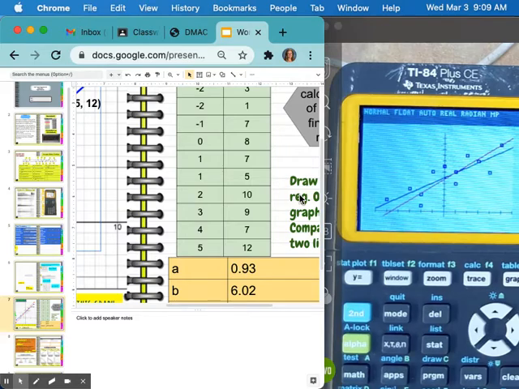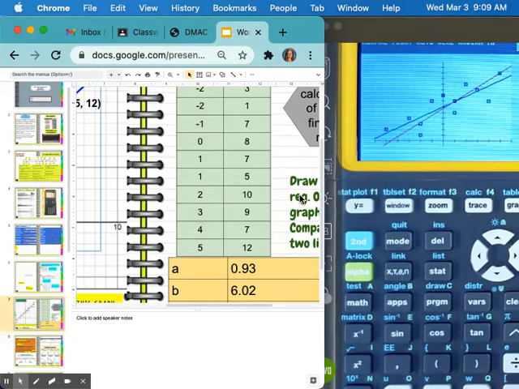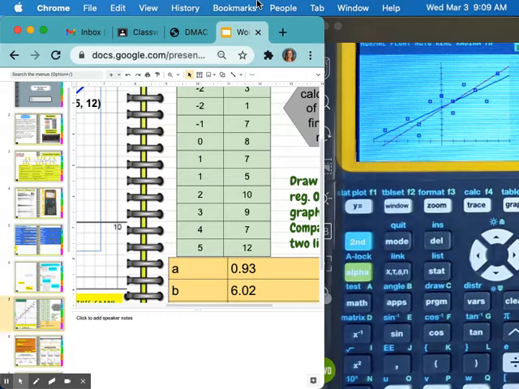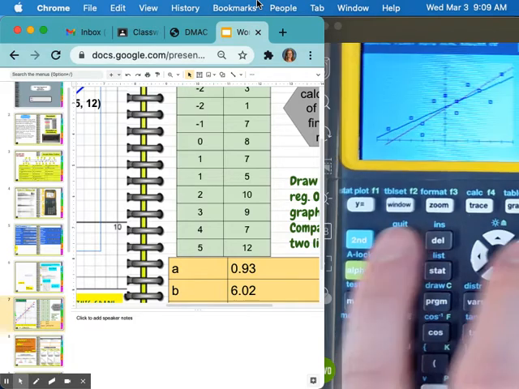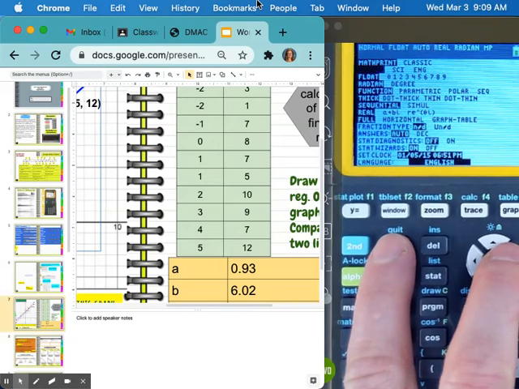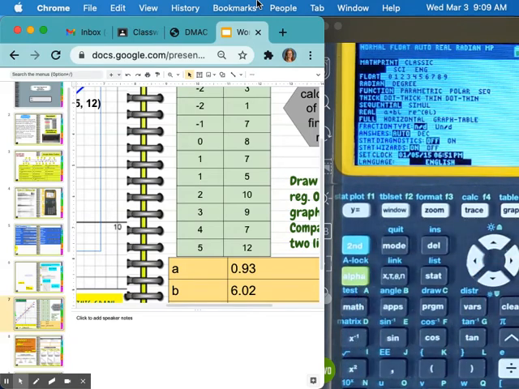What we have to do is turn on stat diagnostics in the mode menu. It doesn't automatically stay on. We have to turn it on every single time. So anytime you clear your memory, stat diagnostics gets turned off. So if you're asked to find the R value, you go to mode and look for stat diagnostics.